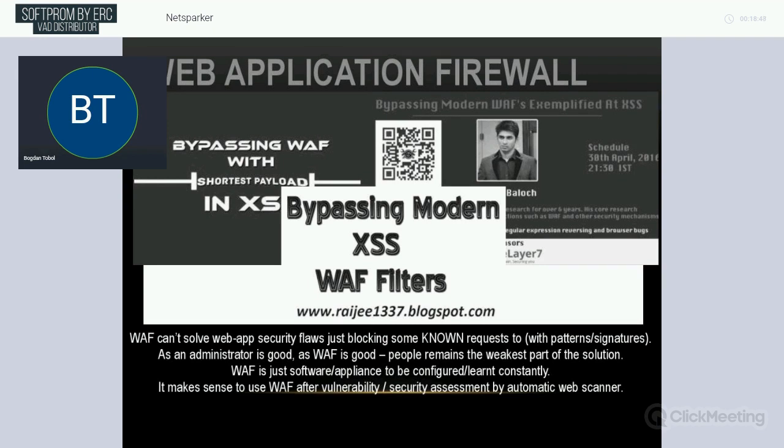A web application firewall has its own vulnerabilities, flaws, and bugs. Second, a web application firewall is good only when the administrator is very skilled and experienced in tuning it every day with new patterns to stop new threats. And third, for every web application firewall vendor today, there are tutorials on the internet on how to bypass it by manual or automatic intervention.